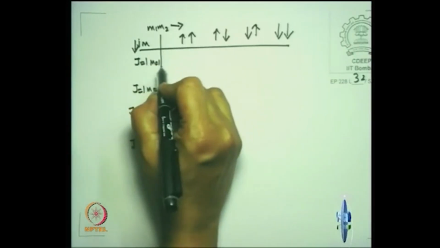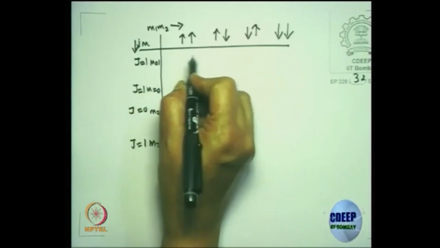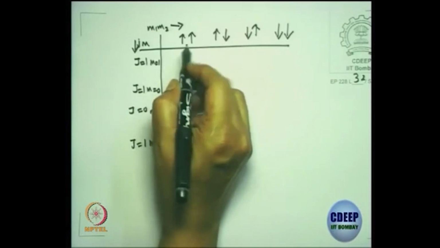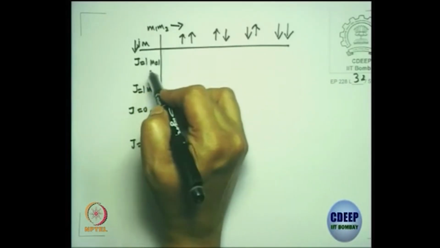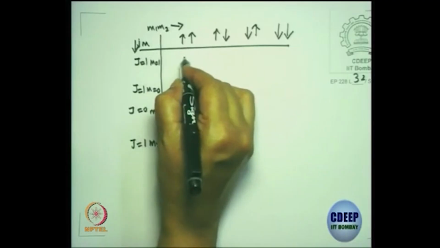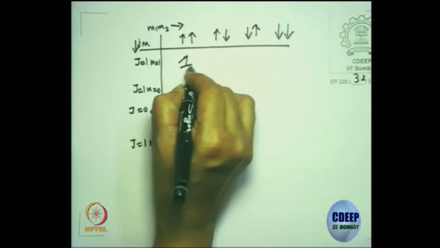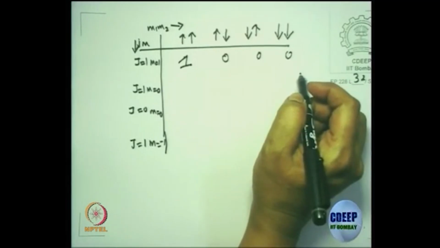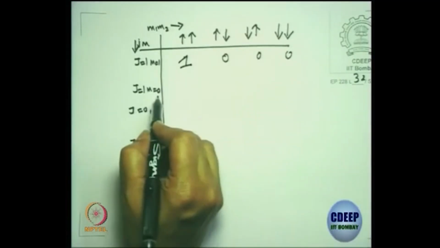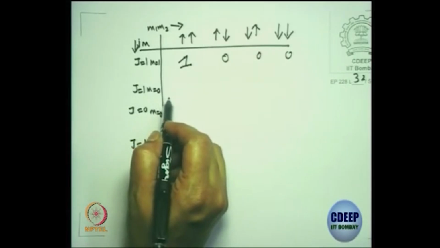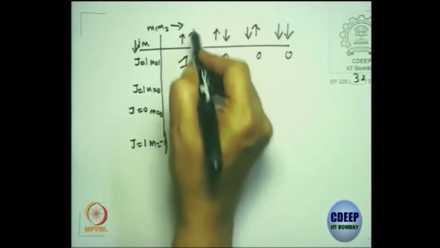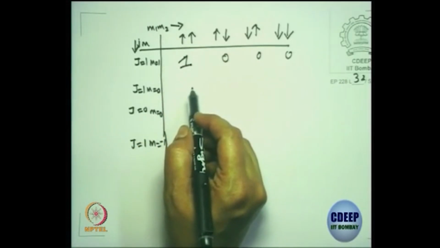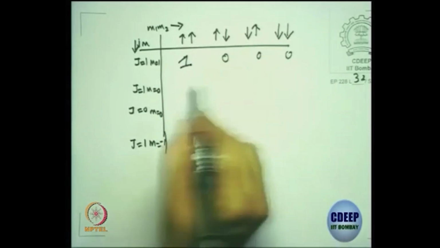The j equal to 1, m equal to 1 contribution will only come from m1 plus m2 equal to m. Only this one. That's the stretch state. So this element is 1. Others are all 0. j equal to 1, m equal to 0 we have written down is 1 over square root 2 times up down plus down up.